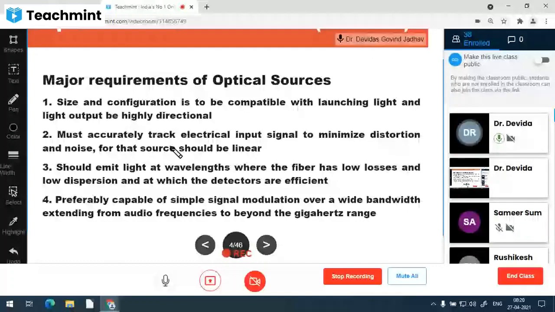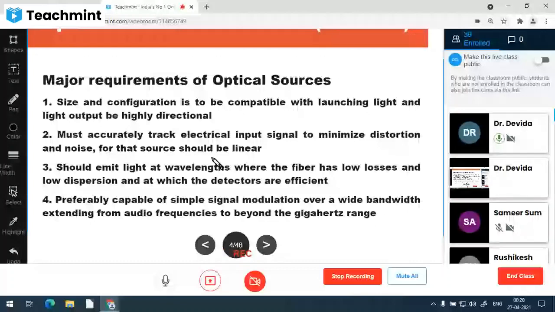It must accurately track the electrical input signal to minimize distortion and noise, so the source should be linear.